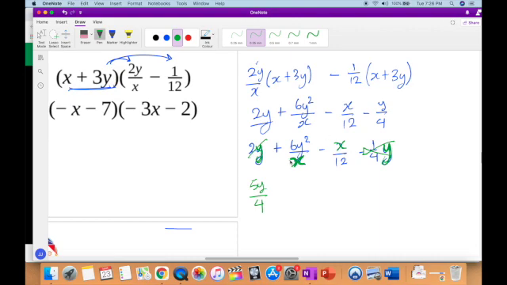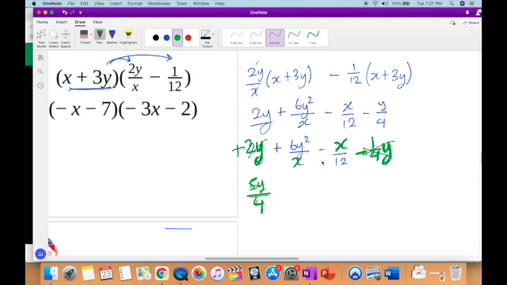The positive and negative don't matter, because this is a negative here and this is a positive here. But the fact is that this is y and this is y. So I could have taken the 2 and the minus a quarter and get my 5 on 4y, right?